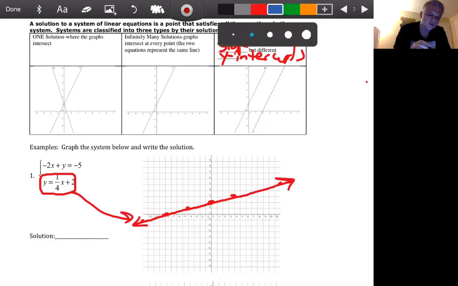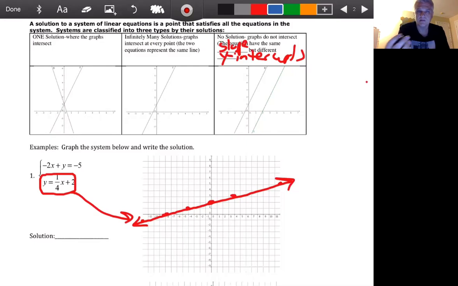This next line, we'll do this one in blue. Now, this one has a y almost all by itself. What I mean by almost all by itself is it doesn't have a coefficient. It's positive 1y. So if I just take the negative 2x and add 2x to both sides, I could rewrite this one as y equals positive 2x, and this 5 is negative, so we're going to go minus 5.